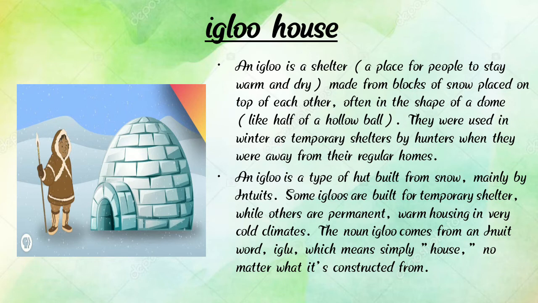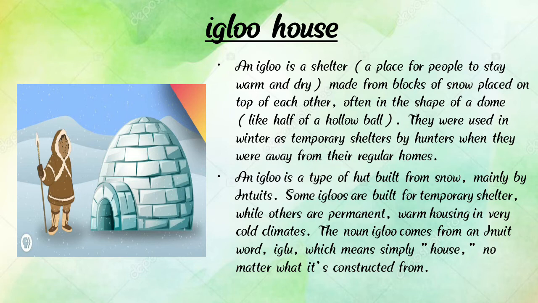So, an igloo is a shelter, a place for people to stay warm and dry, made from blocks of snow placed on top of each other. It looks like a dome, and they were used in winter as temporary shelters by hunters when they were away from their regular home.